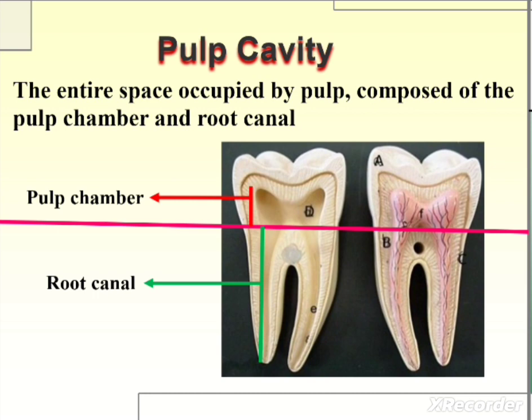So this pulp chamber and the root canal together form the pulp cavity. The pulp chamber is found in the coronal portion of the tooth, that is the crown portion of the tooth, whereas the radicular pulp or the root canal is present in the root portion of the tooth beneath the cemento-enamel junction.